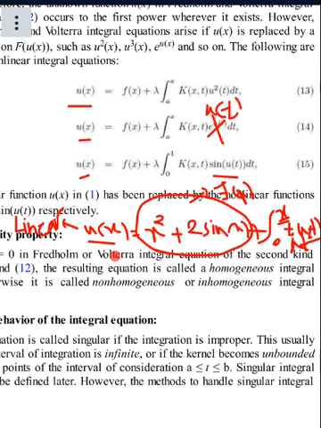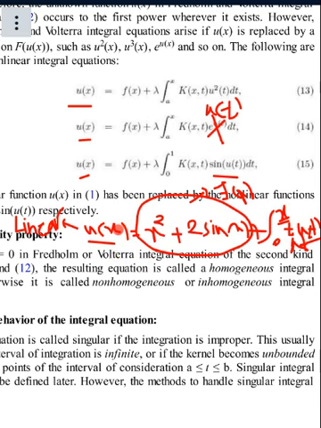Can you tell me, is this first or second kind? Exactly, thank you. This is second kind because we have u of x inside the integral and also outside the integral.